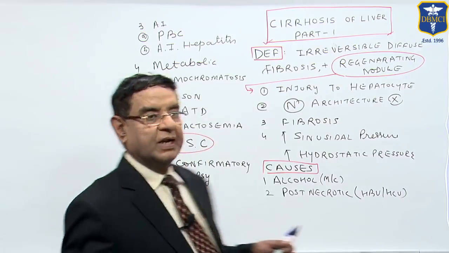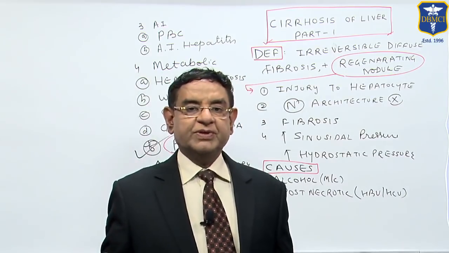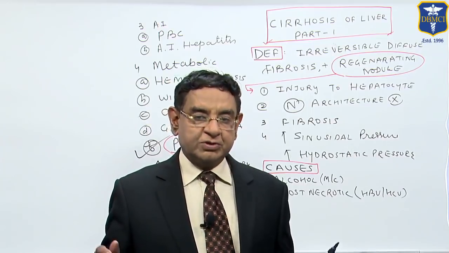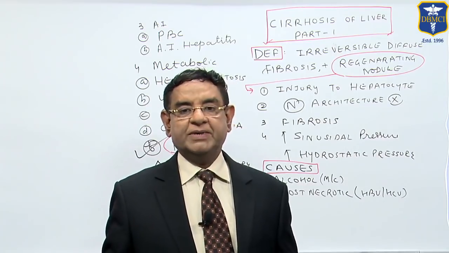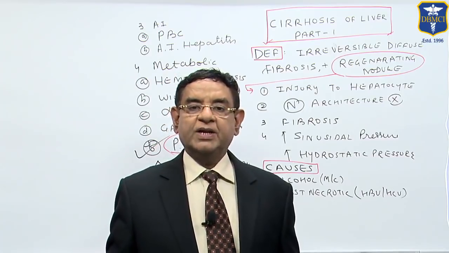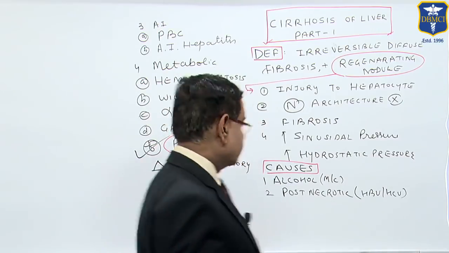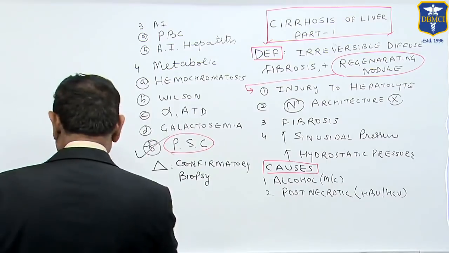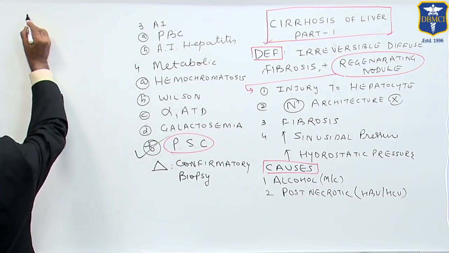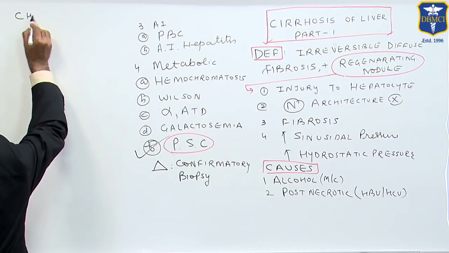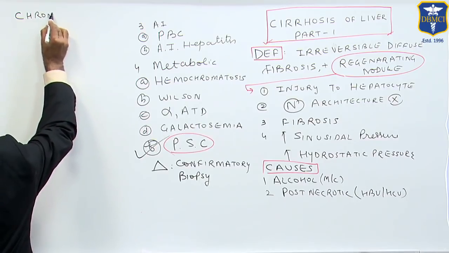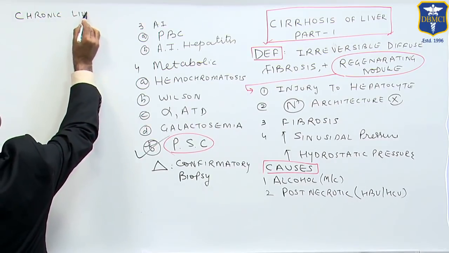Well, what are the general features which we will see in a case of cirrhosis of liver? Rather, we get all the parameters we see in chronic liver disease. So what features of chronic liver disease do we see?